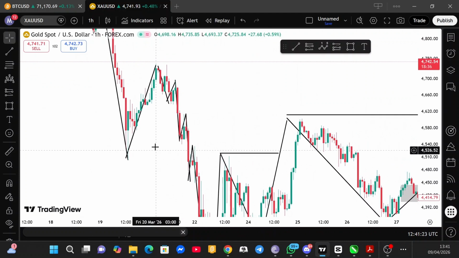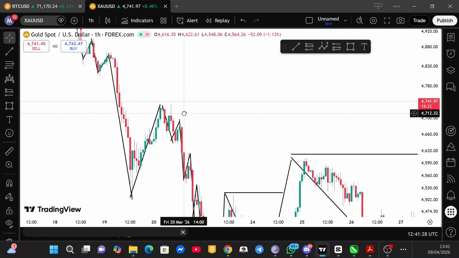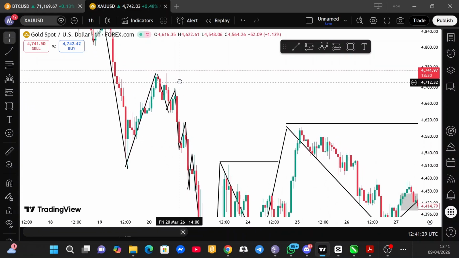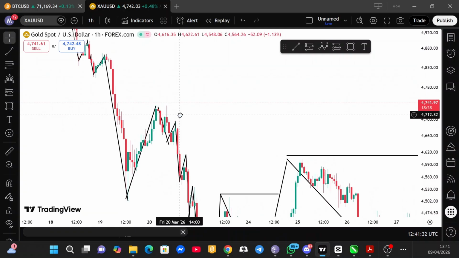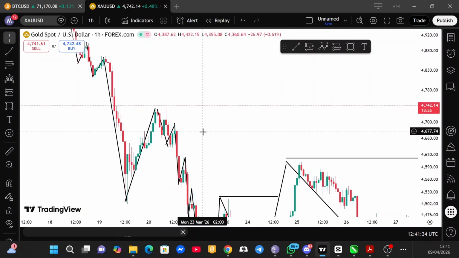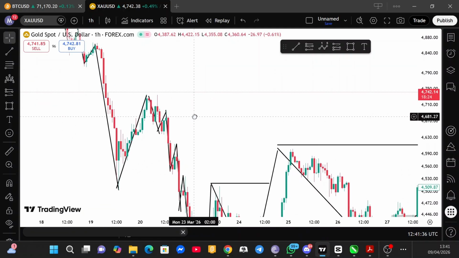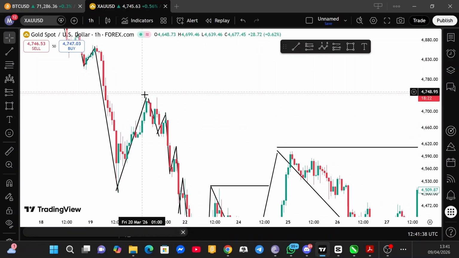For instance, there are a lot of points where you can decide to sell. You can decide to sell from this high.